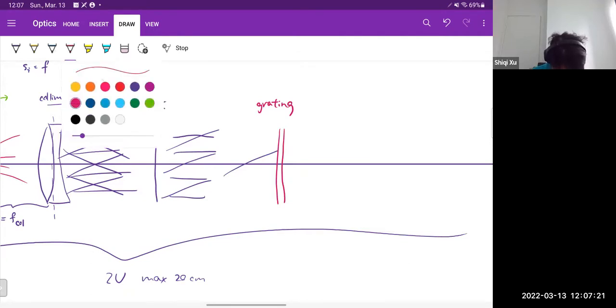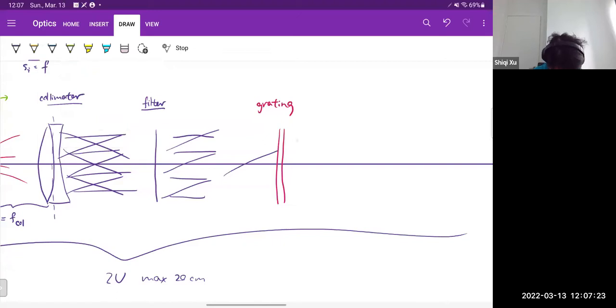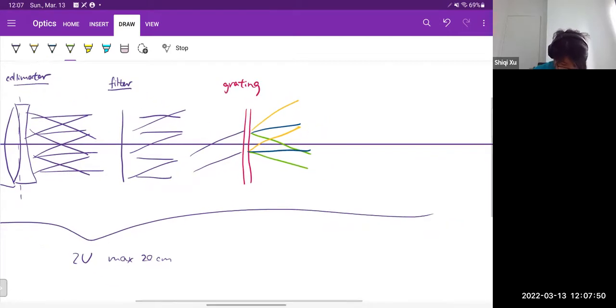No, I need colors. Okay, let's say like here, here, here. So what that'll do, let's say we have another one and it'll do the exact same thing here. Like this. Pretend that each of these is parallel. So what's happened here is you've taken your incident light and then given each wavelength a different output angle.